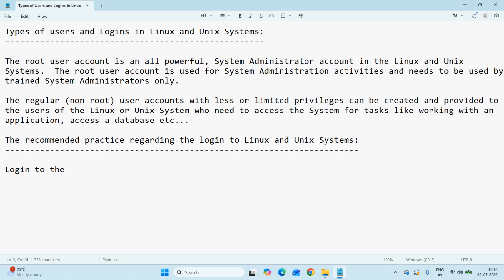Login to the Linux or Unix system with a regular user account. Okay, that's the very first thing that has to be done. We should not log in, I'll repeat this people, to the Linux or Unix system with the root account directly. Instead, we should always first log in to the Linux or Unix system with a regular user account.